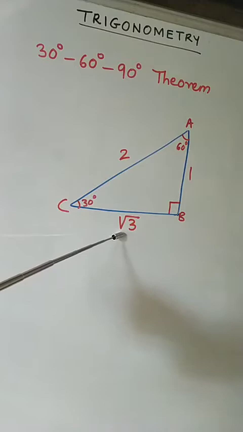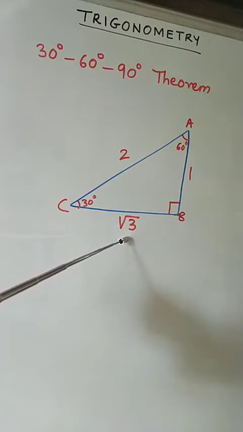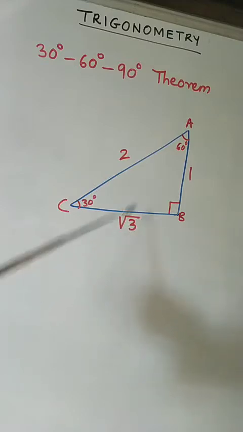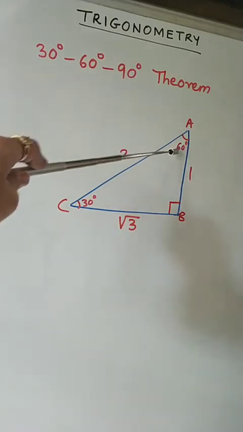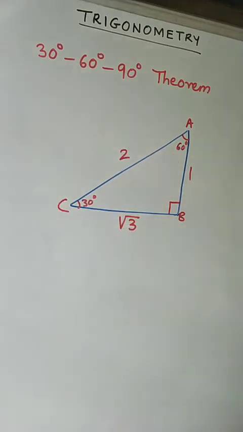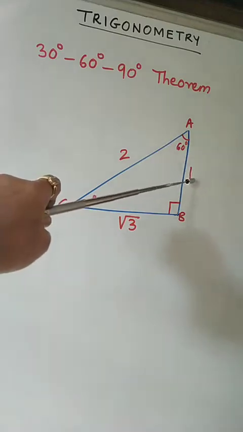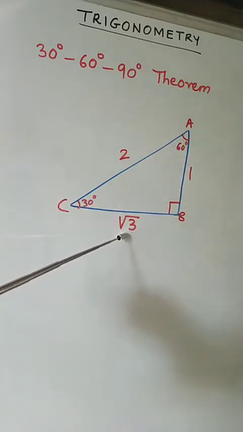So there are two different ways of getting this root 3, Pythagoras or applying 30, 60, 90 degrees theorem for side opposite to 60 degrees. What are you going to start initially with? Hypotenuse as 2, side opposite to 30 degrees as 1, automatically you will get this third side as root 3.